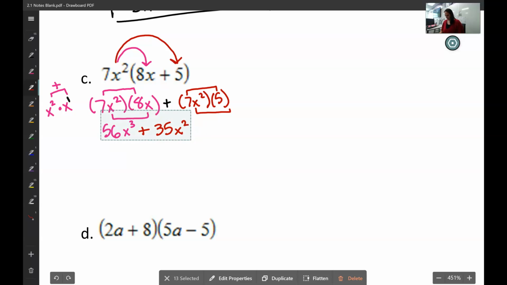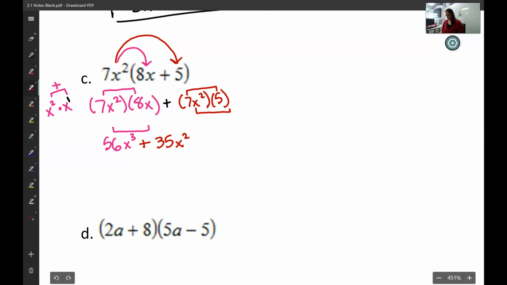Okay, last thing I need to double check. Are there any like terms that I can combine? Nope, there are not. Is it in descending order? Yes, it is. So that means that's my final answer.